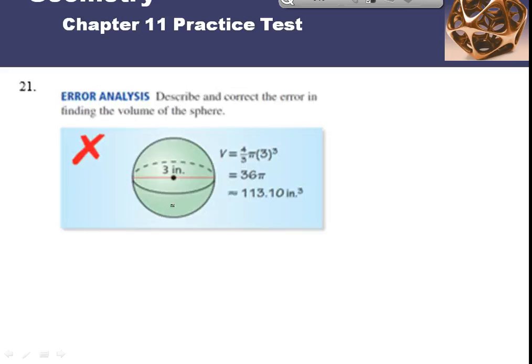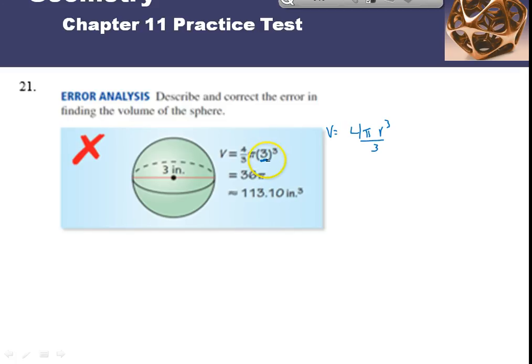21, we have some error analysis. So the volume of a sphere is definitely 4 pi r cubed over 3. So it looks like they got the 4 pi something cubed over 3.